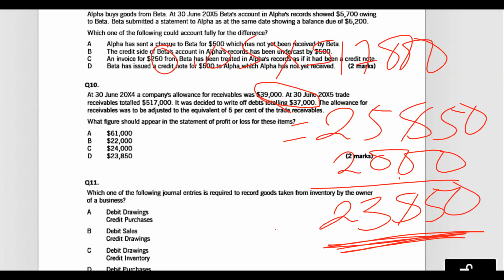Then we wrote off 37,000, which we were not going to receive. That means we were assured to receive the 2,000. That's the one we subtract from the trade receivables on the 30th June. Okay, that's clear. Thank you.